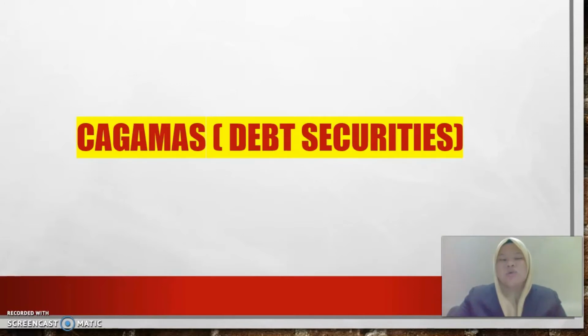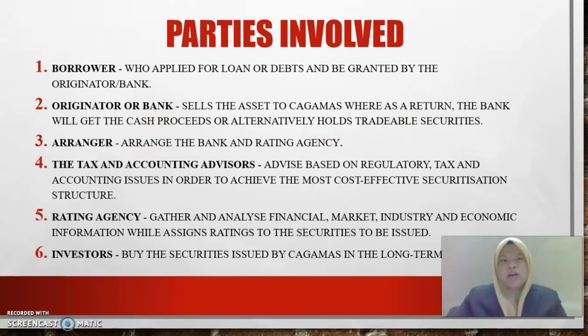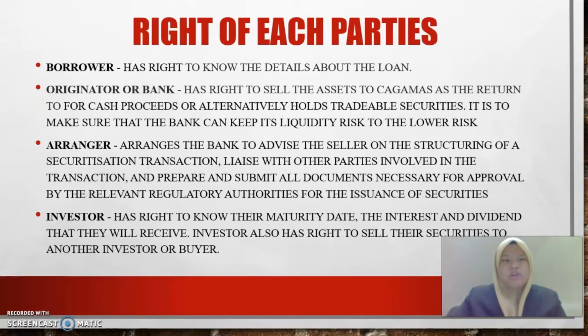Okay, next, I will move to Cagamas or debt securities. The parties involved in Cagamas are the borrower, originator or bank, arranger, the tax and accounting advisors, rating agency, and investor. Okay, the right of each party: the borrower has the right to know the details about the loan.